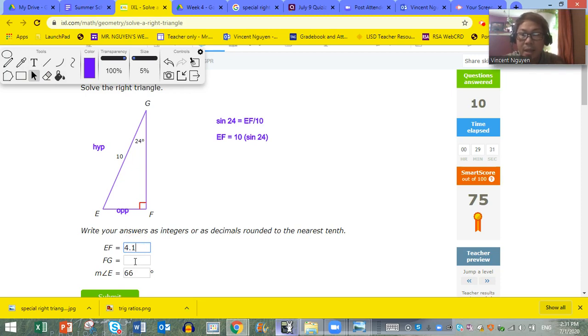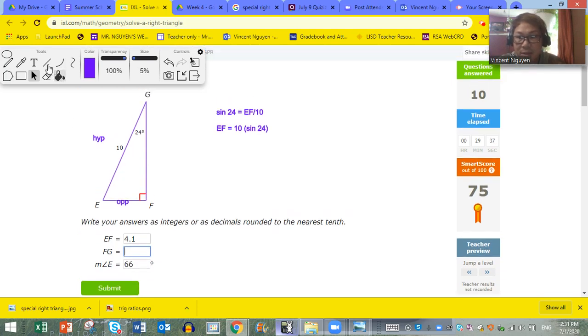And then to find FG, FG is actually adjacent, correct? So I can do adjacent over hypotenuse. In this case, I'm going to use cosine of 24 equals GF divided by 10.